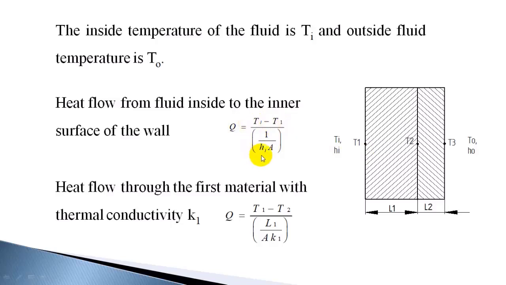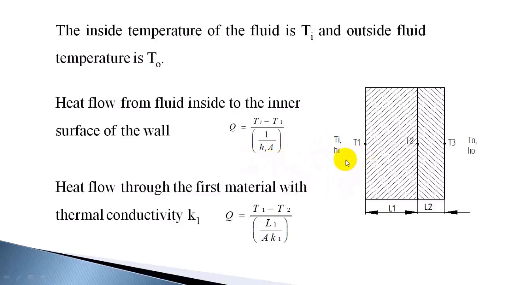So hA is taken down, written as 1 by hA. Here in this case it's 1 by Hi A. So Q, the heat transfer, we can write as Ti minus T1 divided by 1 by Hi A. That is the heat that flows from the inside fluid, the fluid present here, to the surface. The heat transfer is given by this expression.